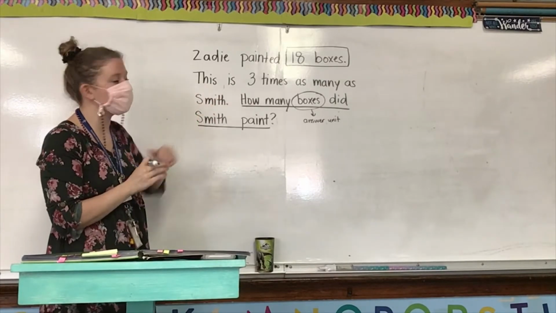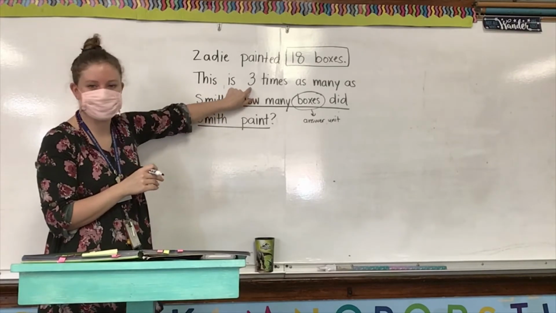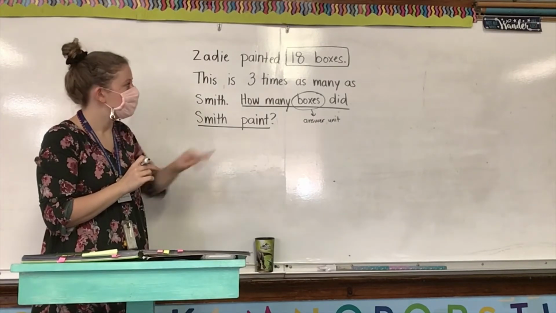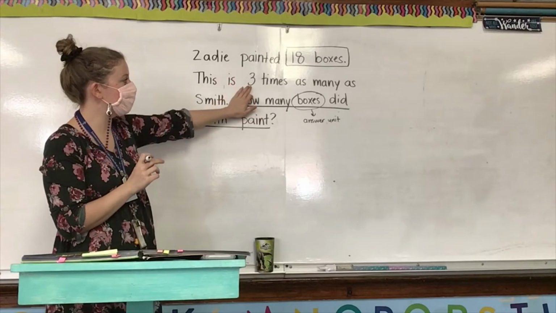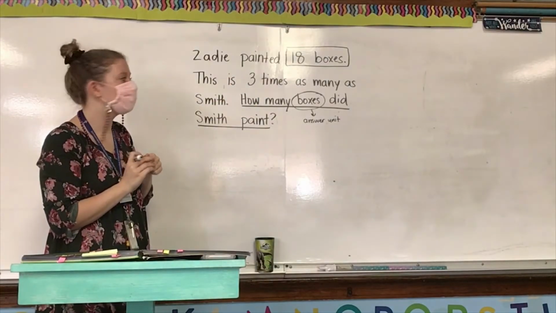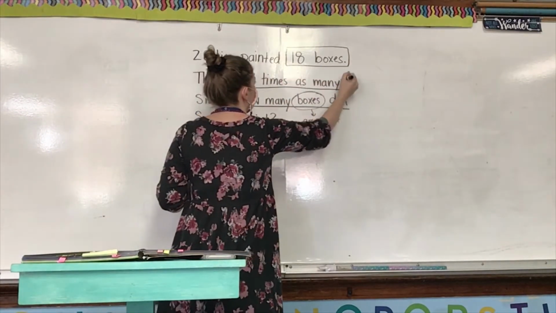Do those tell me that the number is important? Does this is tell me anything about this number 3? No. So which words tell me what to do with this 3? Times as many. Good. 3 times as many.